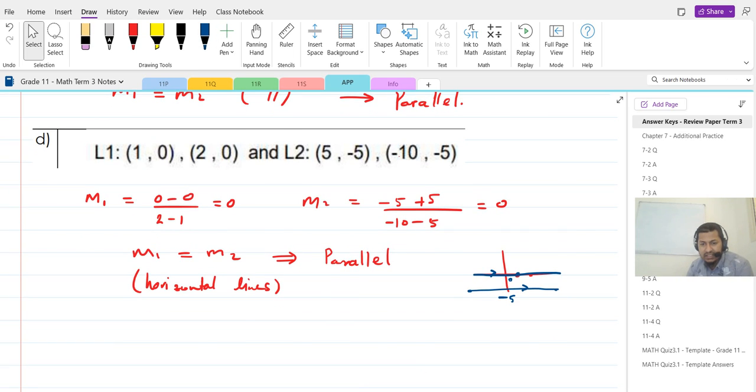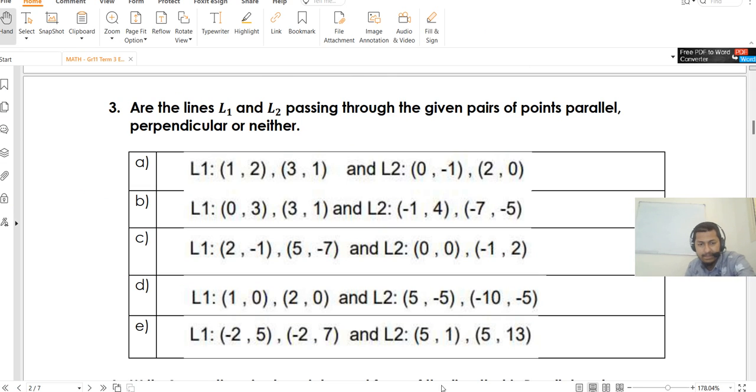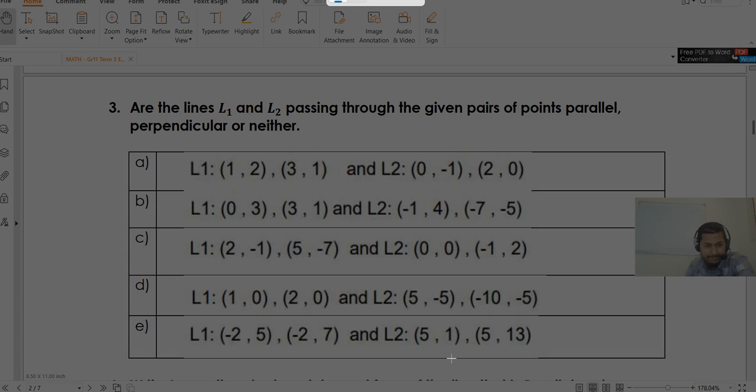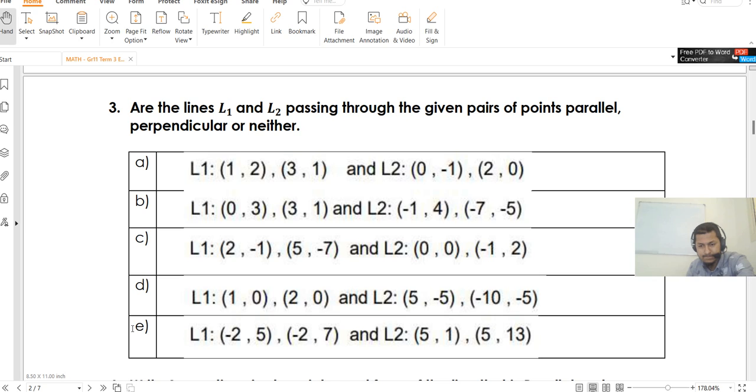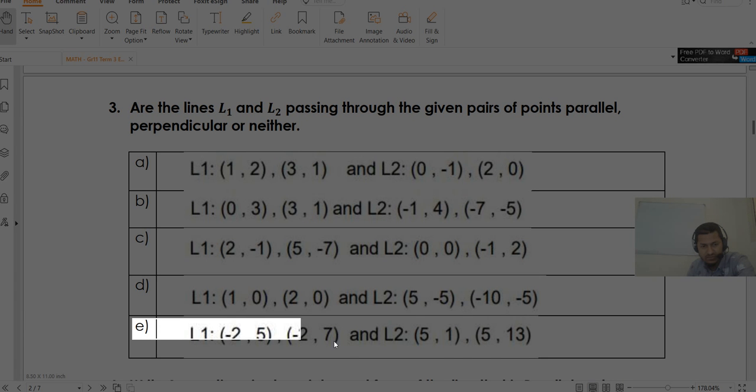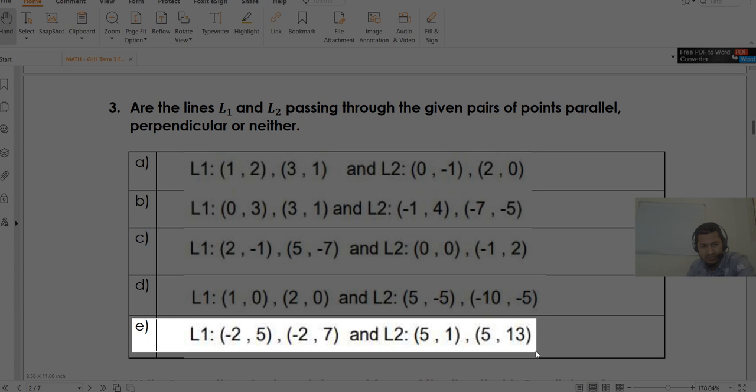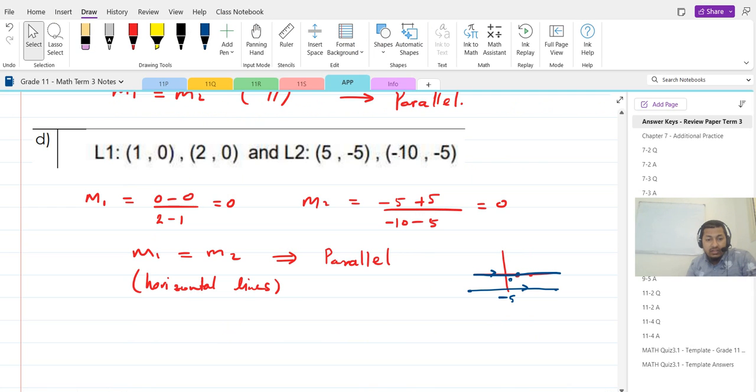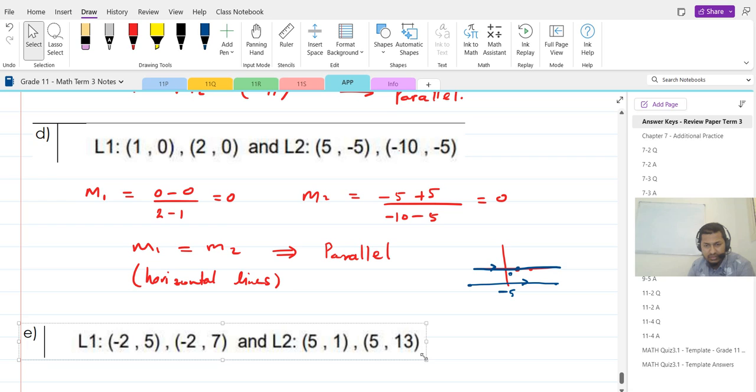Looking at E, let's look at E and calculate the slope and see what's happening.